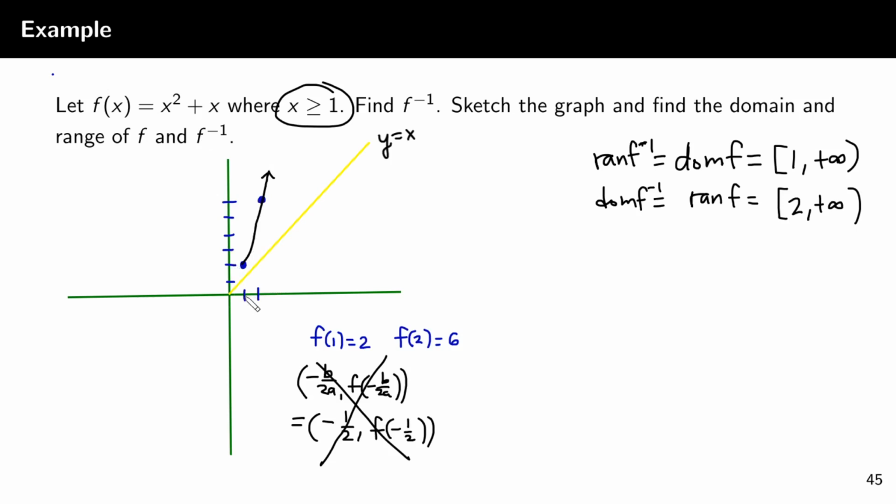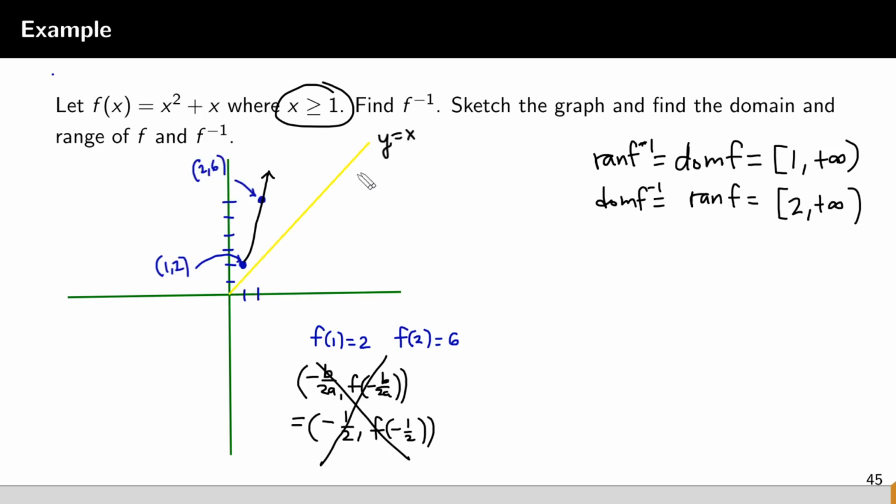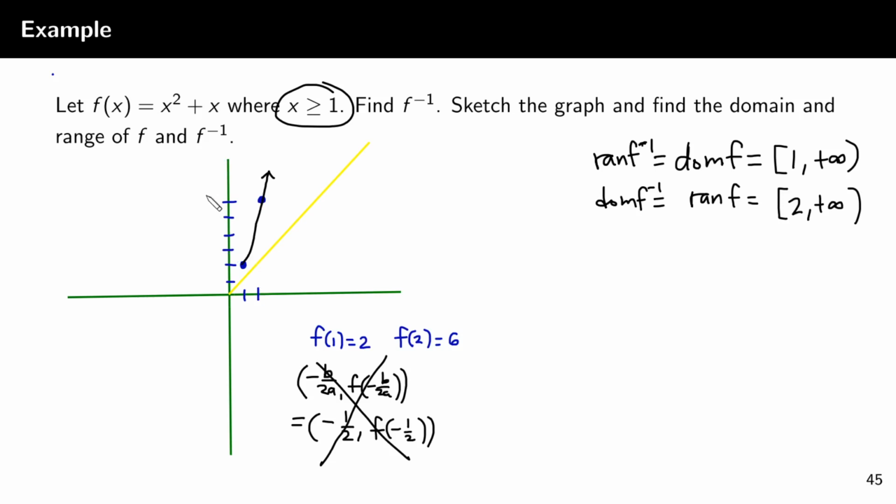So, itong point na 1, 2, okay, itong point na to, ang coordinates niya ay 1, 2. Ito naman, 2, 6. Okay. Kapag nireflect natin sa line na y equals x, babaliktad lang yung mga coordinates. So, itong 1, 2 magiging 2, 1.